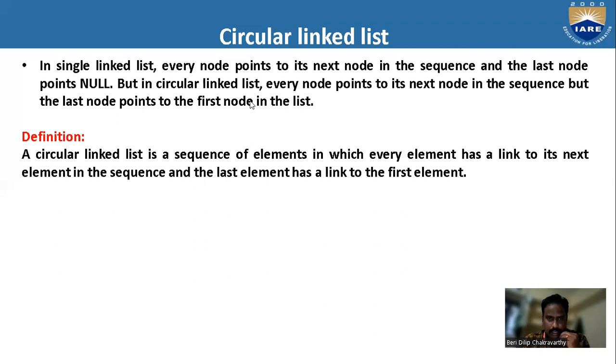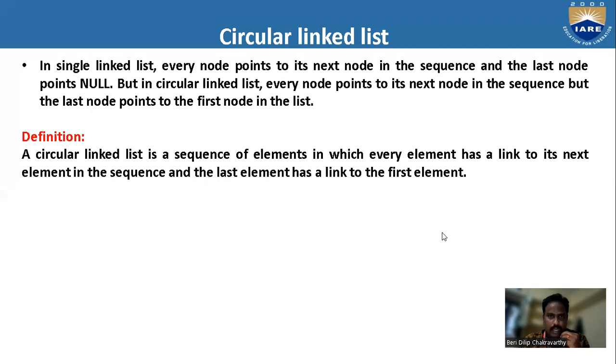But in circular linked list, every node points to its next node in the sequence, but the last node points to the first node in the list. Okay, in the address part of the last node, we are storing the address of the first node. That means it forms a loop.